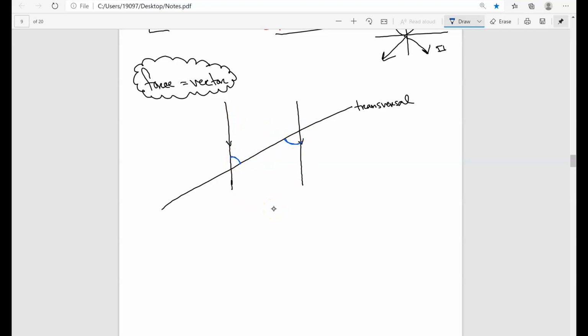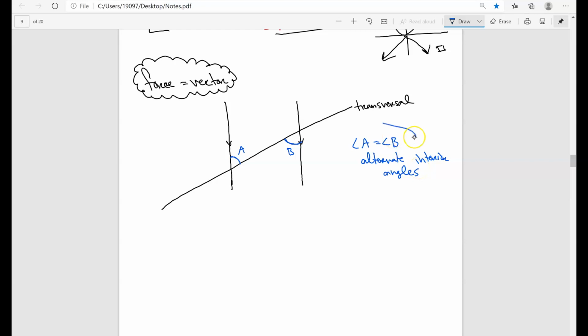So if you have two parallel lines and a transversal, let's call this angle A and this angle B. Angle A is equal to angle B because they're alternate interior angles. This is what we learned in geometry.